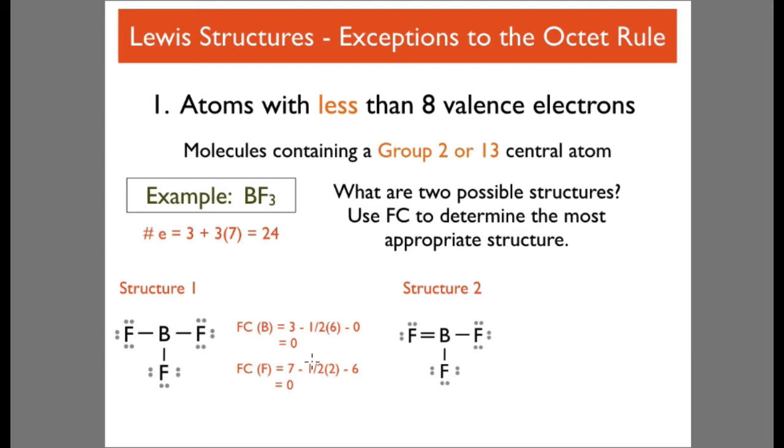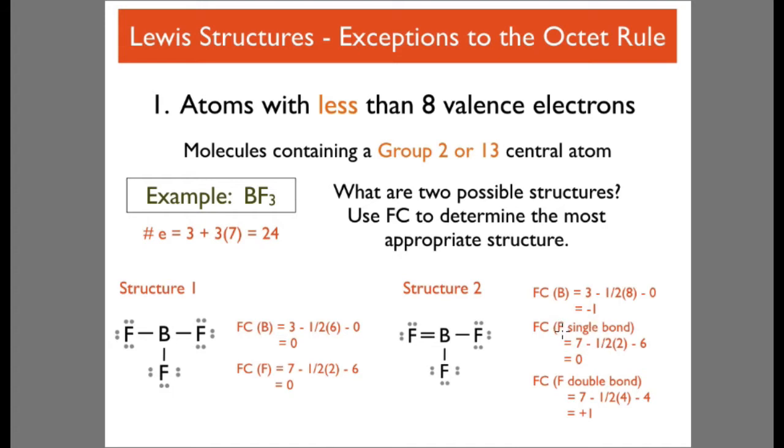Conversely, if we moved one of the lone pairs in to give ourselves a double bond, then boron would indeed have 1, 2, 3, 4, 5, 6, 7, 8 bonding electrons. It would have a full octet. However, when we do the math, you see that the formal charge on boron is -1.